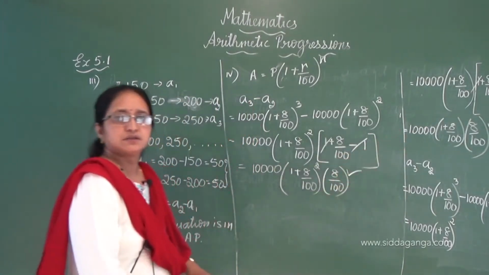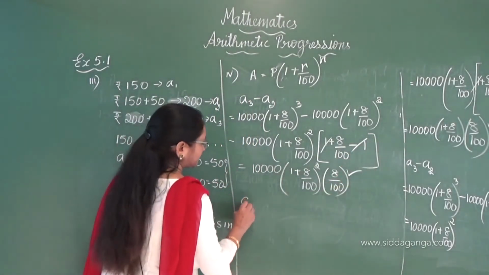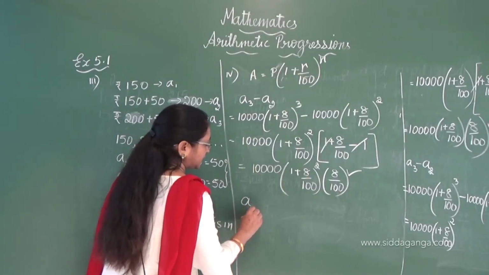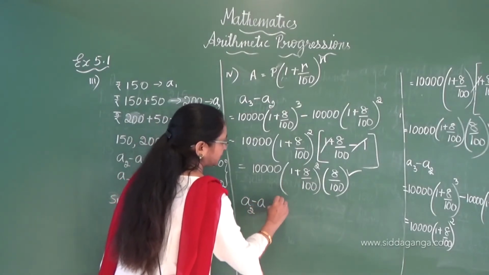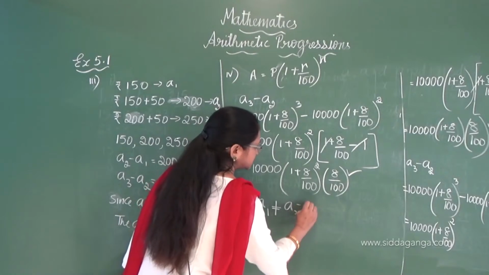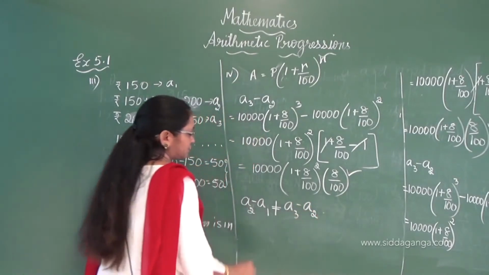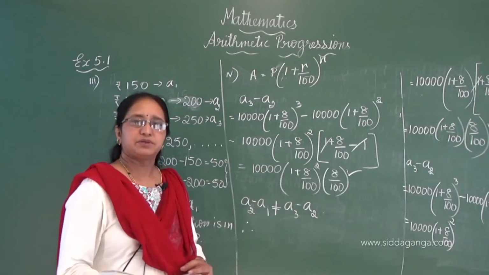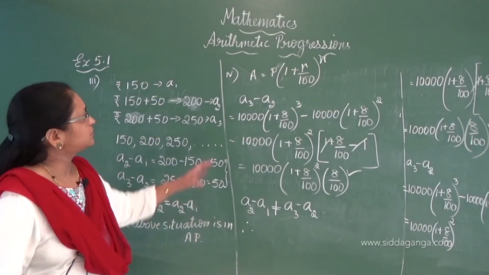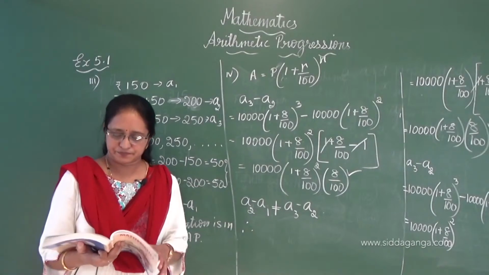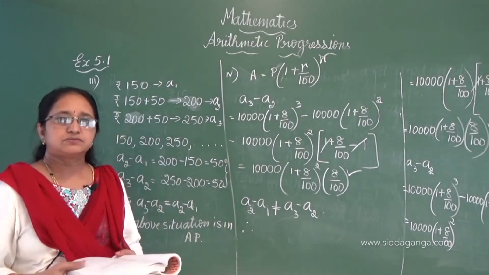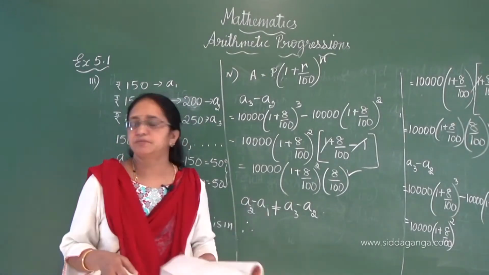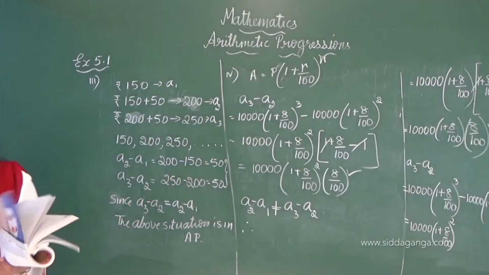Since they are not the same, we come to the conclusion that A2 minus A1 is not equal to A3 minus A2. Therefore, the above situation is not in AP. So this is how you have to do the sum. Okay, now shall we move on to the second main now? I hope it is clear.